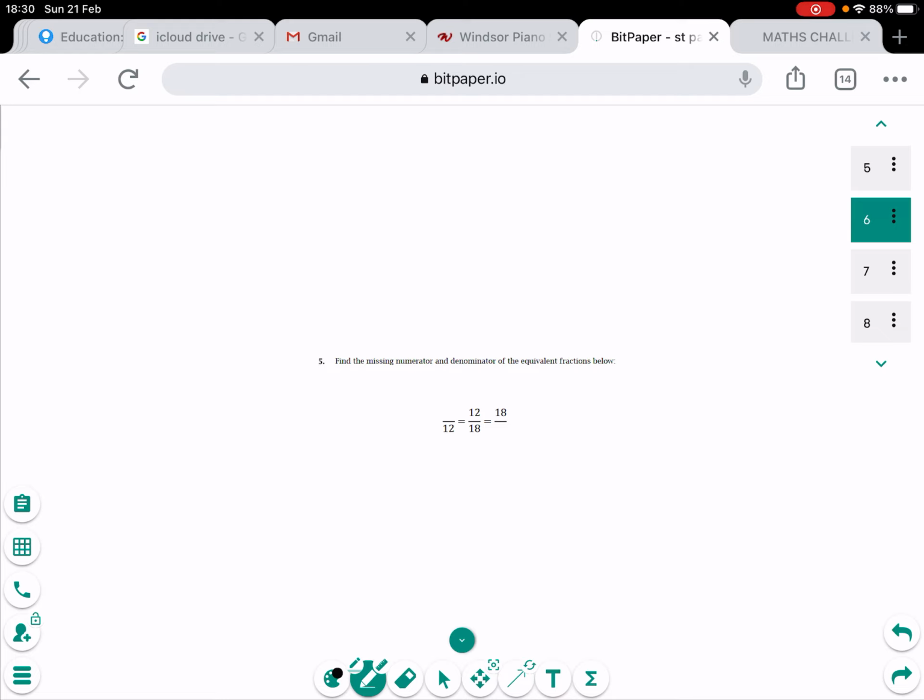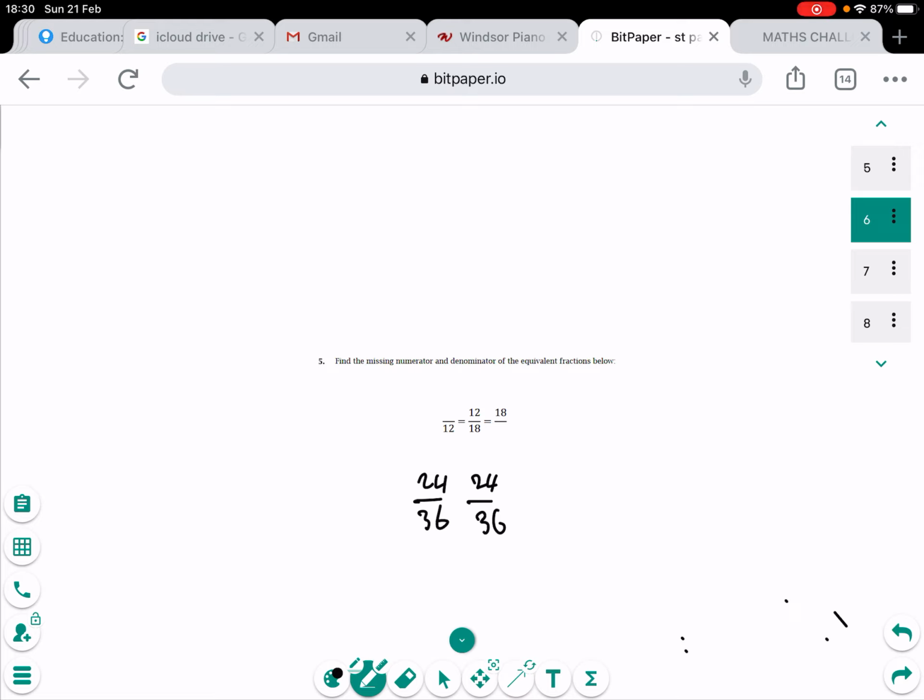So that's 12, that's 18, so you can just change it into, for example, 36 over 24 by multiplying by 2. So it has to be 36 over 24, sorry, so that it's equal.